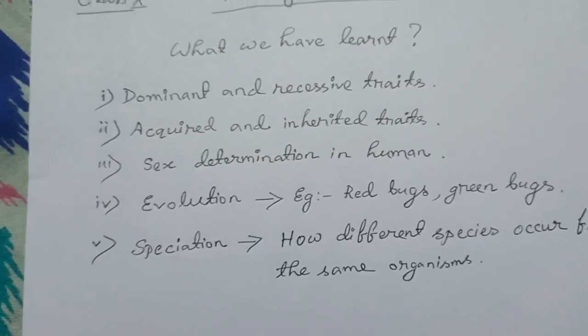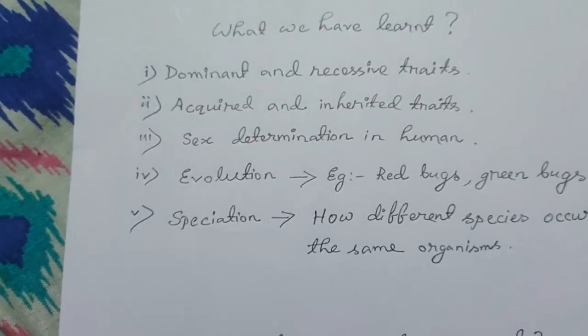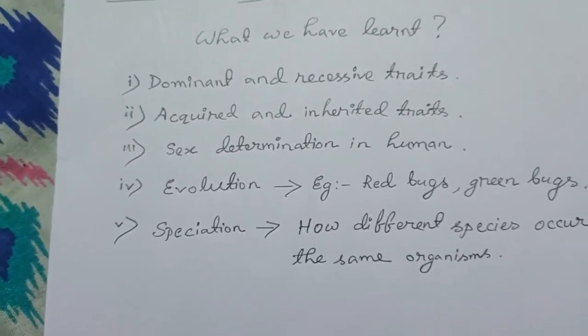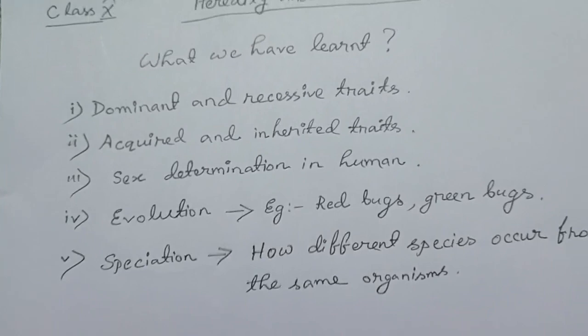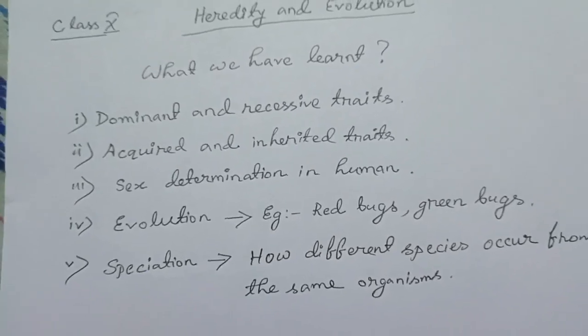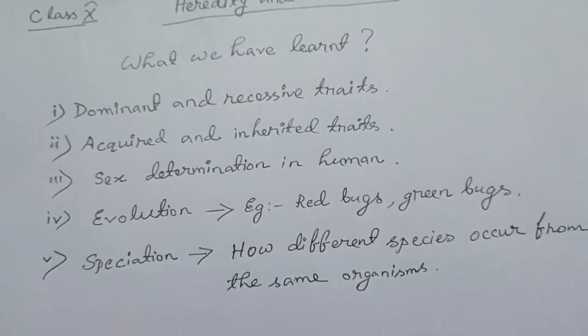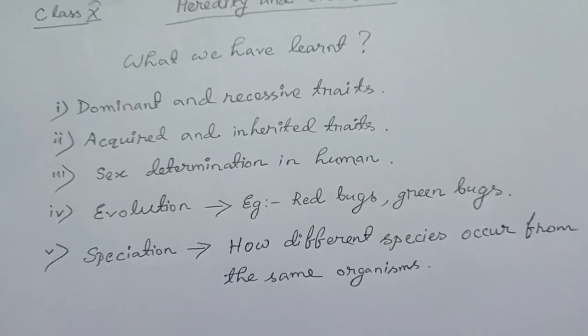So speciation was what? When two organisms cannot reproduce between each other, then we can call them different species.